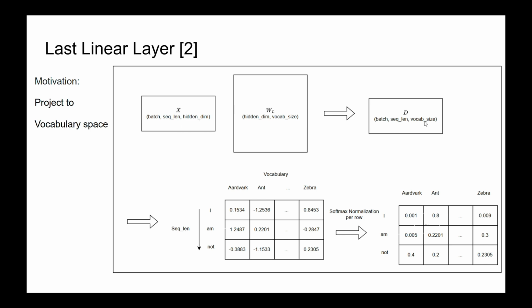What we will finally get is that for each of the words in the sentence, we get a probability distribution across the vocabulary, and the probability distribution, if the model is well trained, should have the largest probability for the next token. For example, I know that the example here is not representative, but if the model is trained correctly, then the word am in the vocabulary should have the largest probability, and that's because we have trained the model so that the next word following I is am.